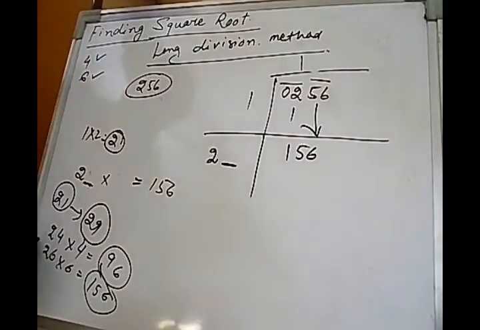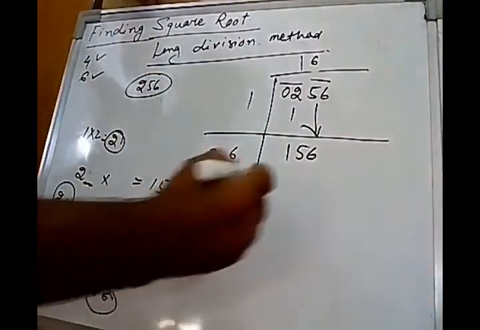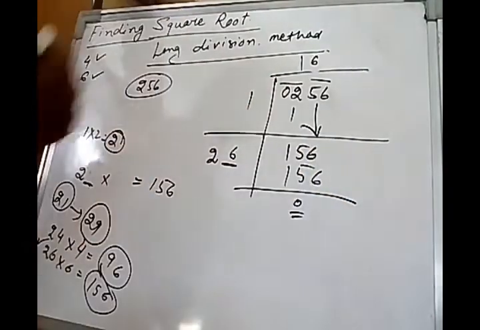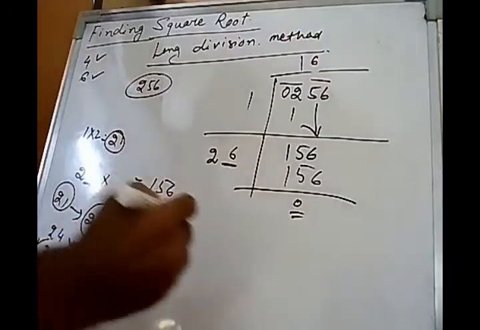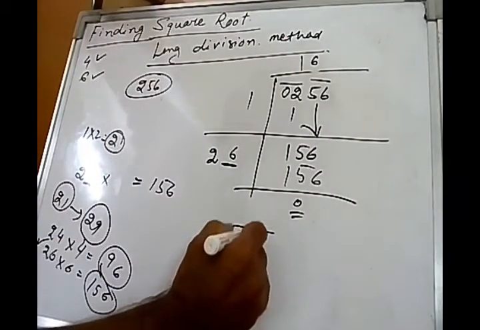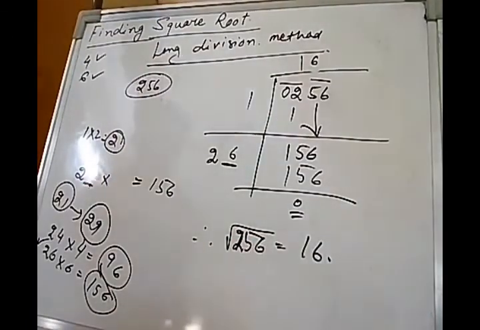So here 26 × 6 will be our answer, and remainder is 0. Therefore the square root of 256 is 16. This is the way of finding the square root by the long division method.